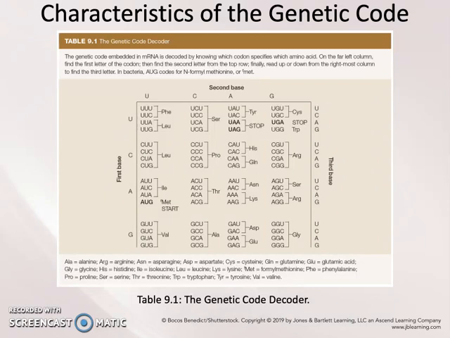This redundancy is helpful when cells go through mutations, which they can do on a regular basis. Even your cells are accumulating mutations throughout your lifetime. But often, this won't result in any negative consequence, partly because if GUU is mutated in your DNA to GUC, it'll still translate to valine, and there will be no change in the protein structure or function.